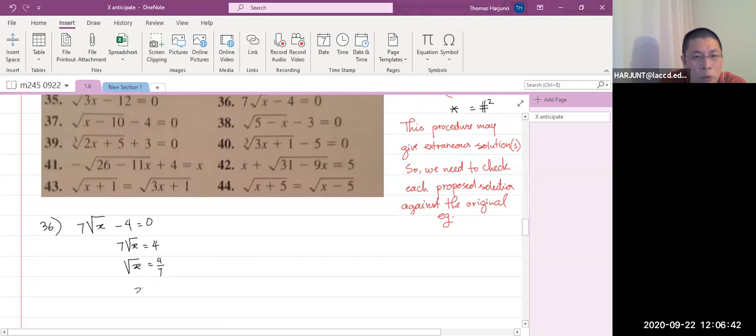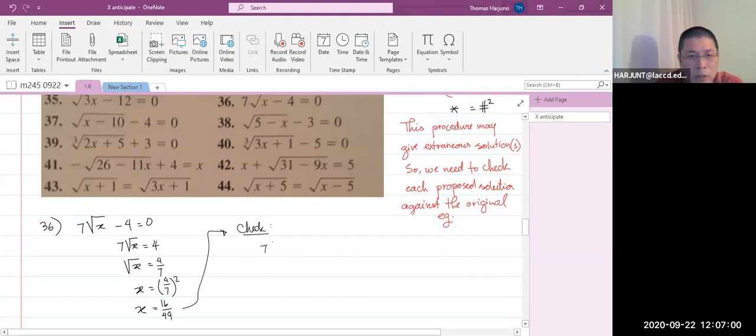I will square both sides. This is what I get. Now I will check this solution against the original equation.